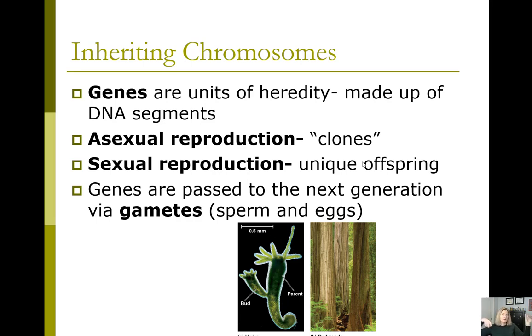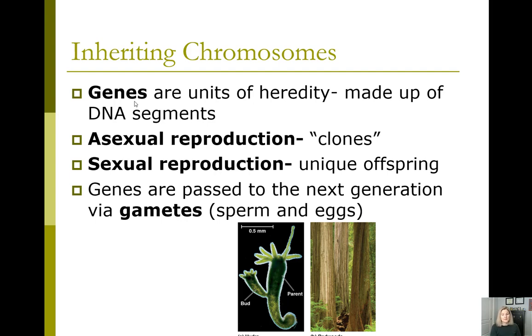And a combination of those nucleotides, a segment of that DNA, is what we call a gene. So a gene is just a segment of DNA with the combination of those nucleotides, those A's and the C's and the G's and the T's. And so genes are going to code for a trait. So that is our unit of heredity, because you might have genes that tell you to have straight hair instead of curly hair. Okay, so those are segments of your DNA that code for a particular trait. And so we inherit those genes from our parents, right?